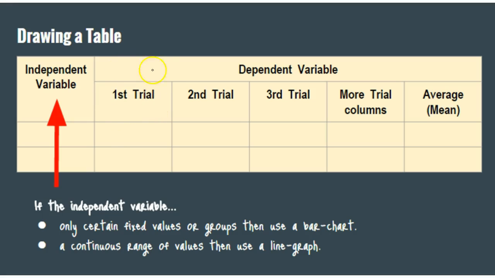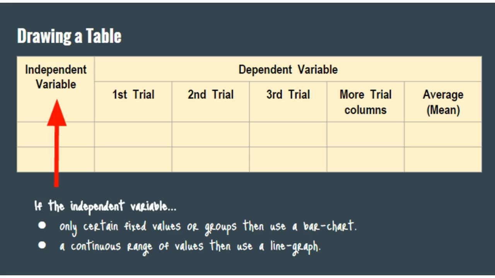So this essentially here, when you've got a trial here, and this is the measurement that you are taking, that is actually your dependent variable, the thing that you're measuring to see if there's a change in your independent variable. So we put our independent variables down the side, we put our dependent variable and all of its trials along the top, and we always have an average column. Okay?